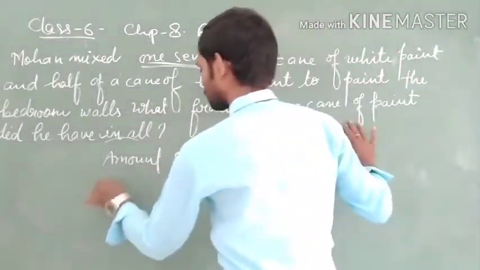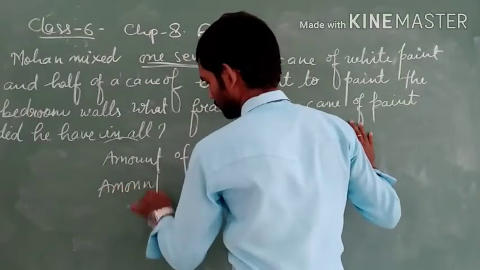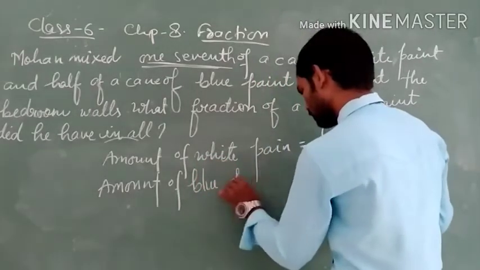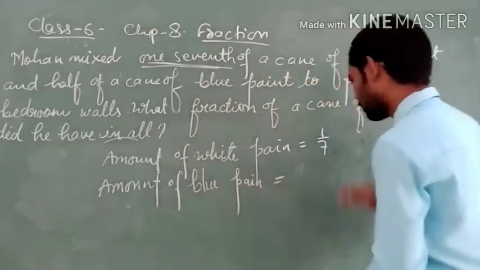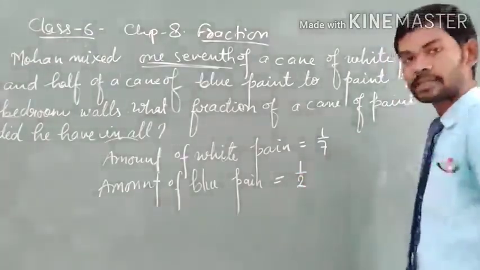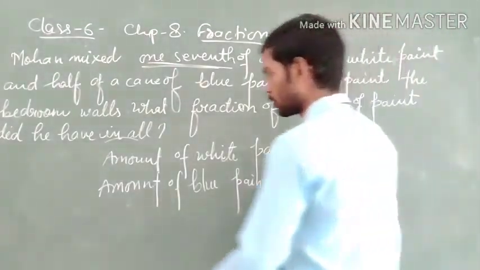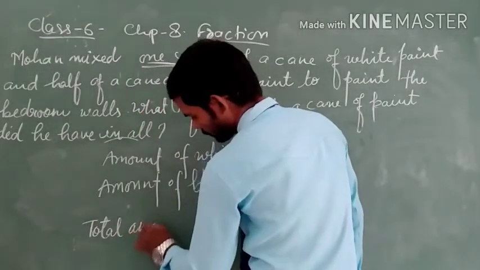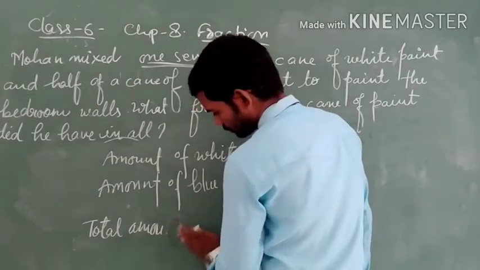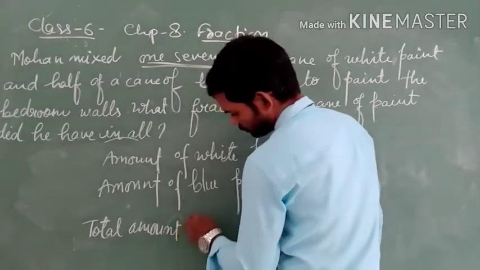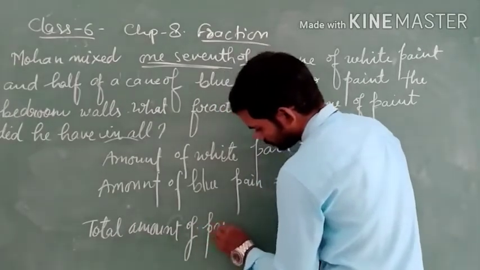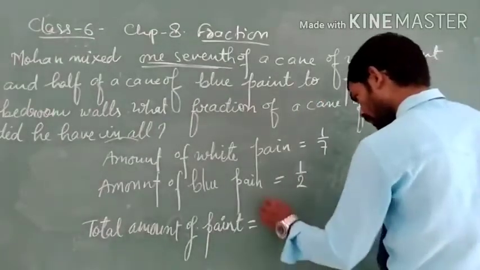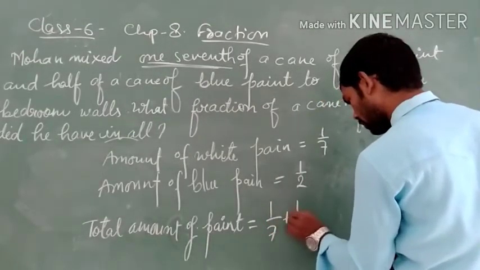The next is amount of blue paint, and this is equal to half. Half means 1 by 2. Therefore, total amount of paint is equal to 1 upon 7 plus 1 upon 2.